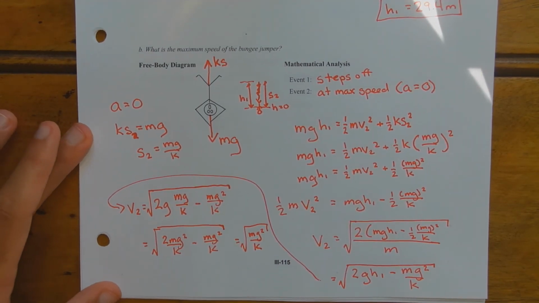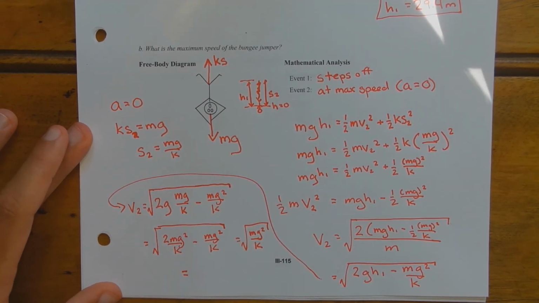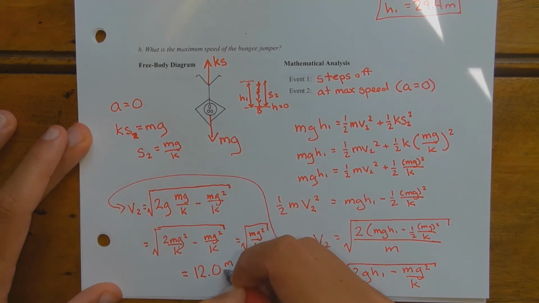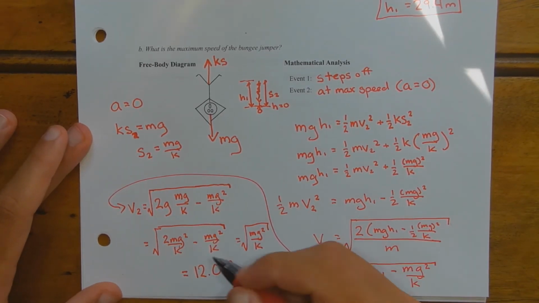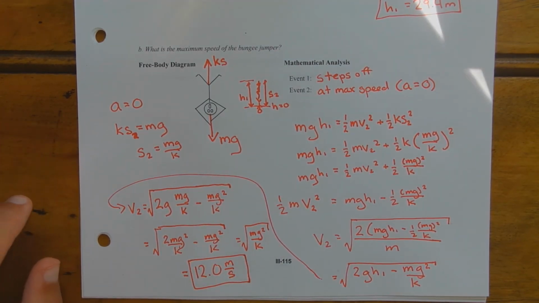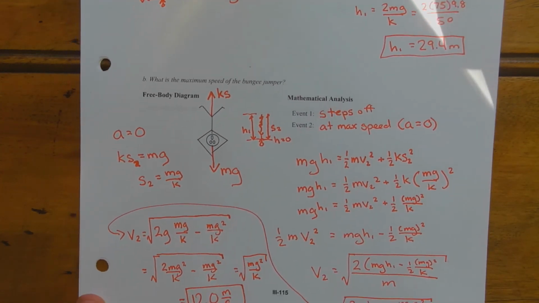So now we can plug numbers in, and you should get for this 12 meters per second. You can check to make sure that that works out. Notice here that our answer did depend on the mass, and that was true in part A also.